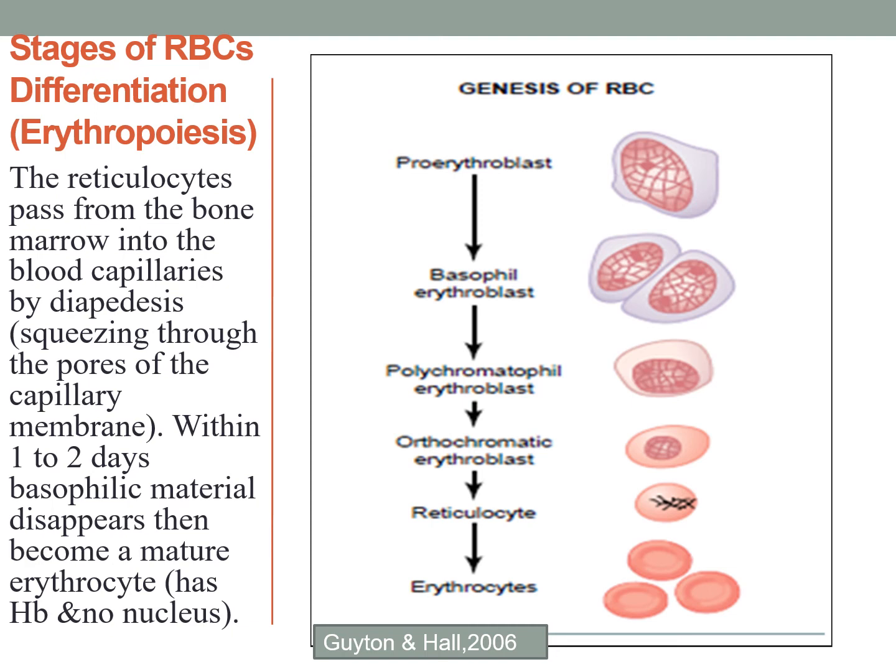And when the reticulocyte is in the blood, within 1 to 2 days, this basophilic material will disappear, and then it will become a mature erythrocyte, a mature RBC, which has no nucleus and has hemoglobin.